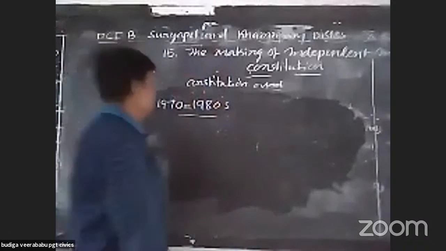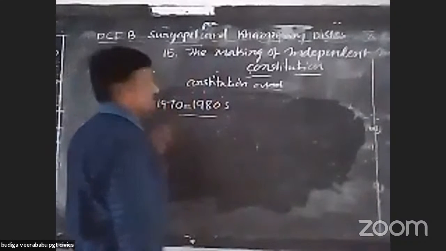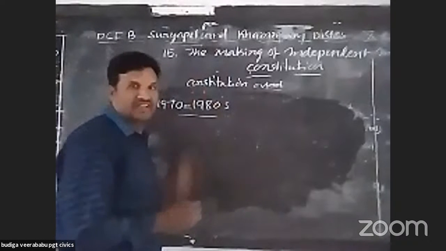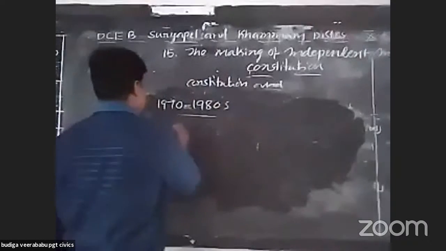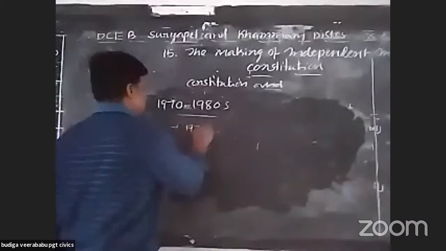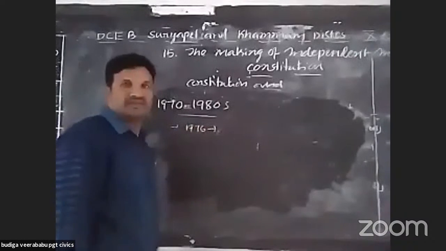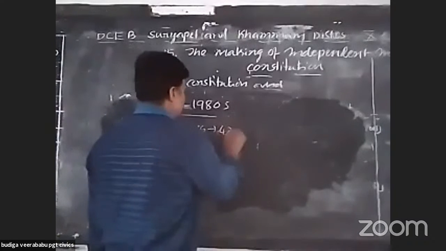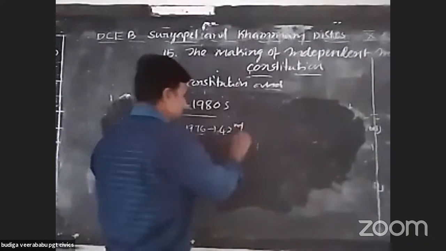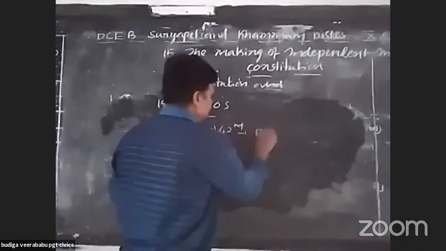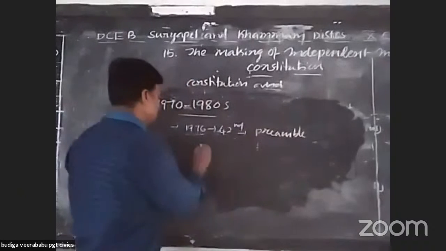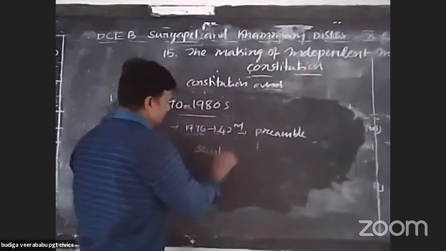So here, question number one. Most of the constitutional amendments were held from the 1970s to the 1980s. Because in 1976, we saw so many changes in the constitution, especially in the preamble. In 1976, through the 42nd constitutional amendment, in the preamble we mentioned secular and socialistic.